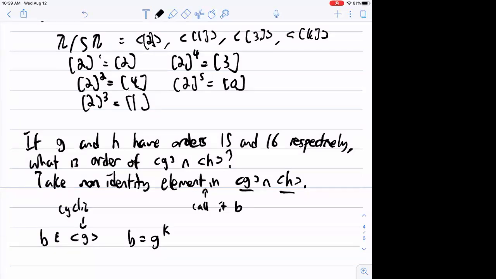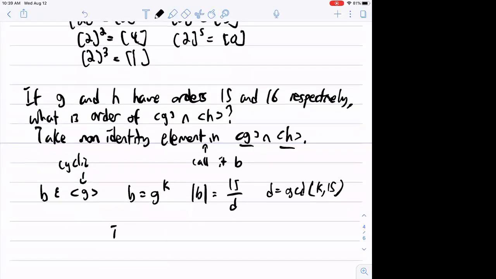I have a cyclic group and an element. What's the order of B? Again, what's the order of G? It's 15. The order of B is 15 divided by D, where D is the GCD of K and 15.